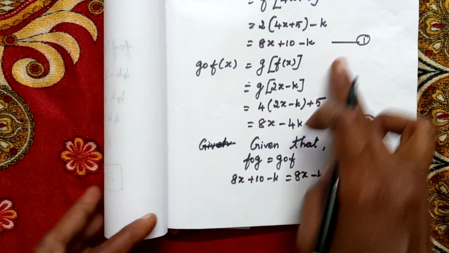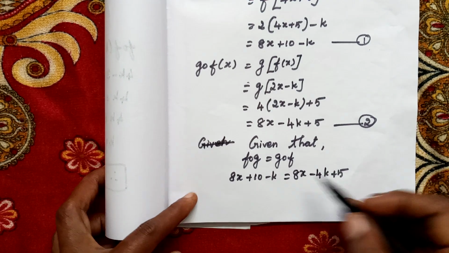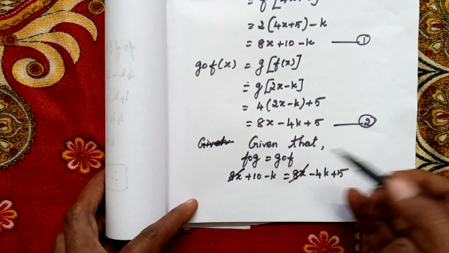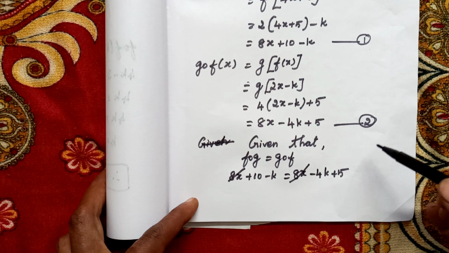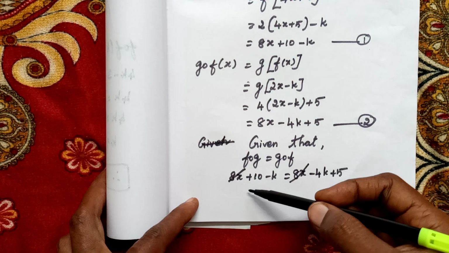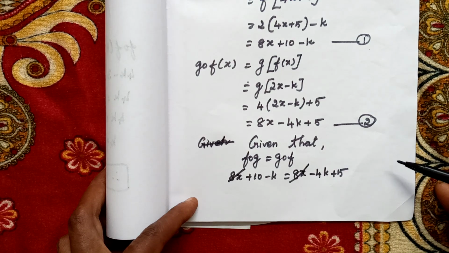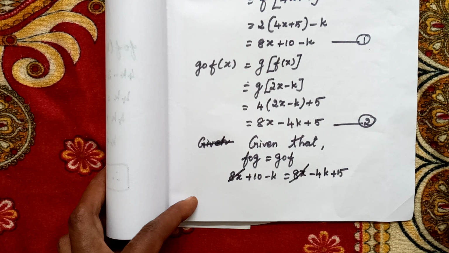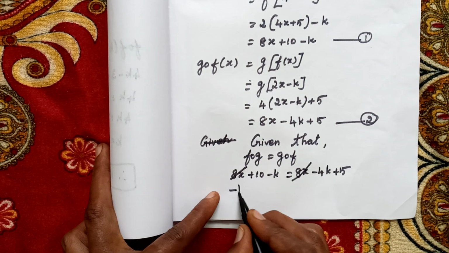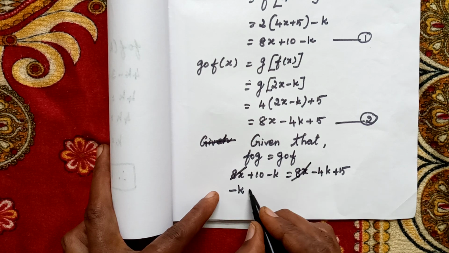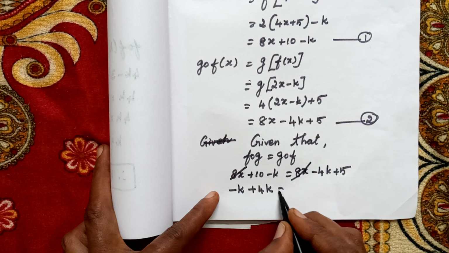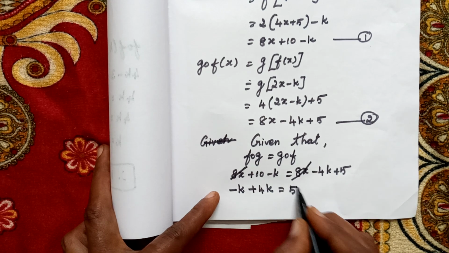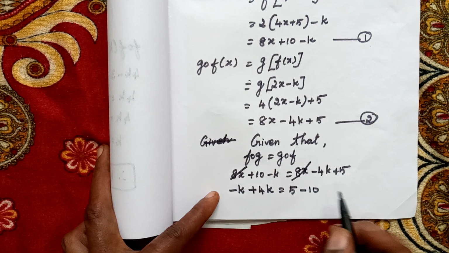Both are equal like that given. Here both sides 8x cancel. Now variable terms, k terms, take to the left hand side, constant terms take to the right hand side. So minus k, minus 4k, taking this side means 4k is equal to 5 minus 10.